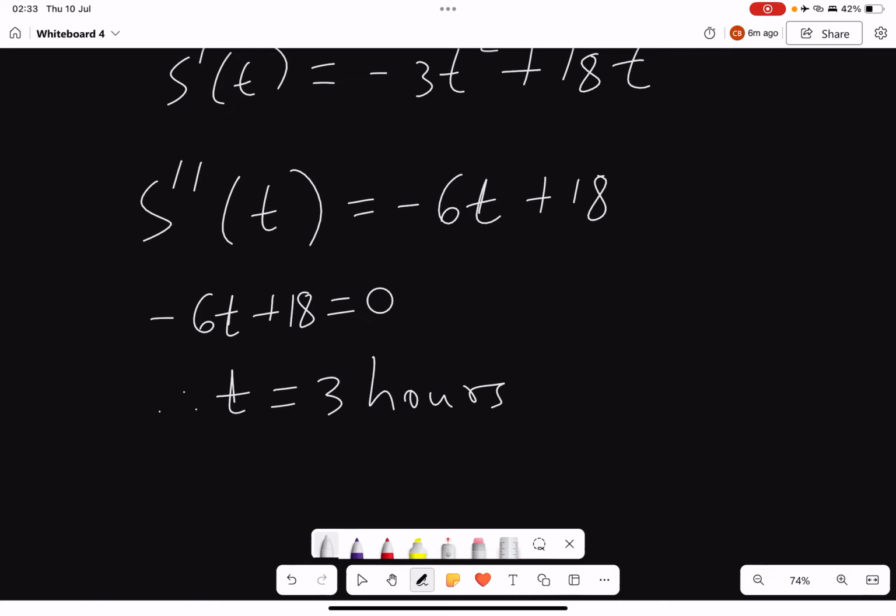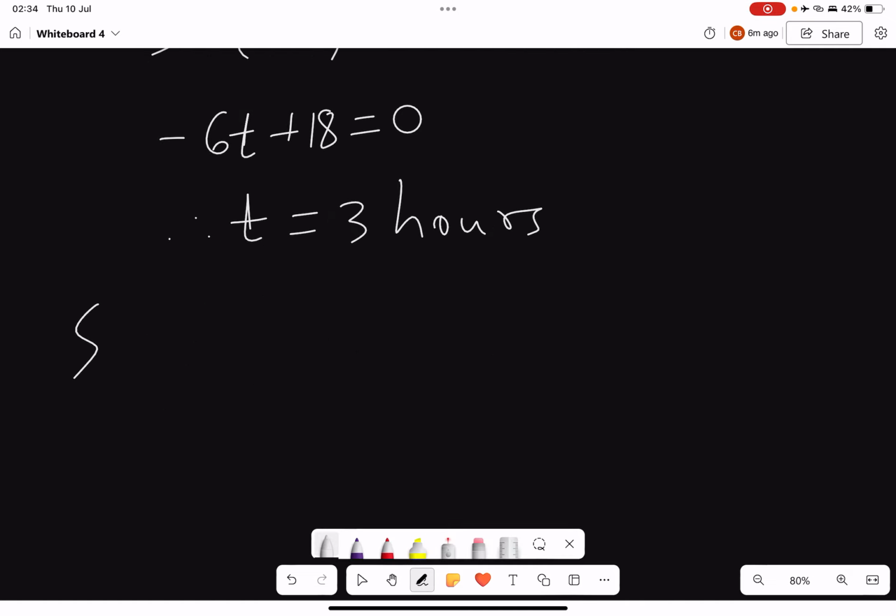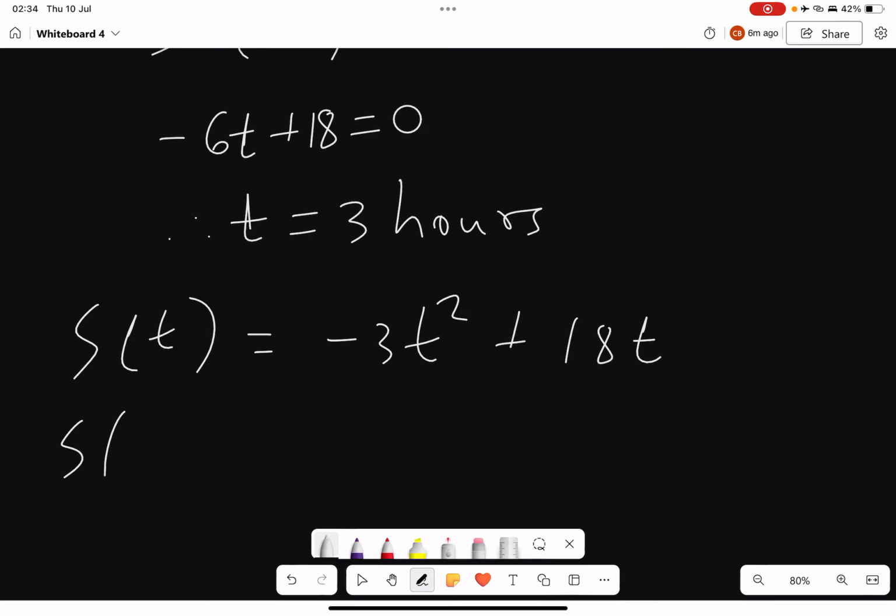All right? Which means this cyclist is going to reach the maximum speed after 3 hours. To get that maximum speed, we need to substitute the time into the speed formula. Remember, the speed formula is s prime t equals negative 3t squared plus 18t. Now we're looking for s prime at 3.